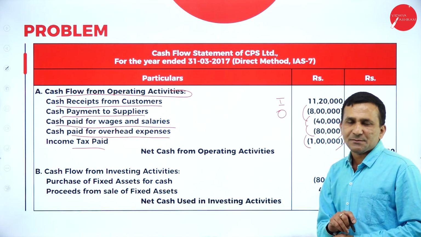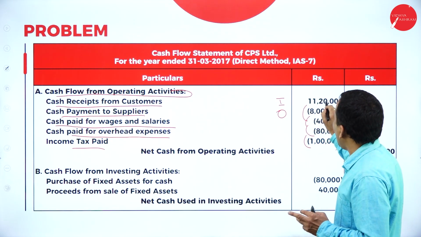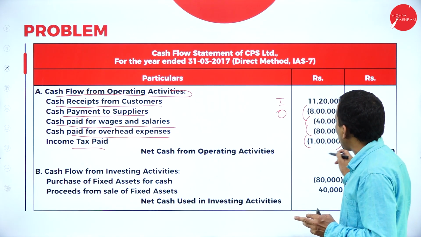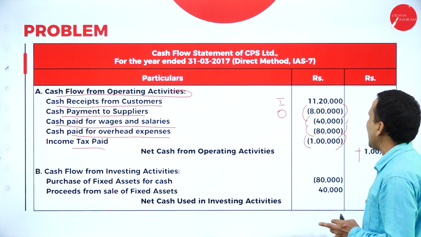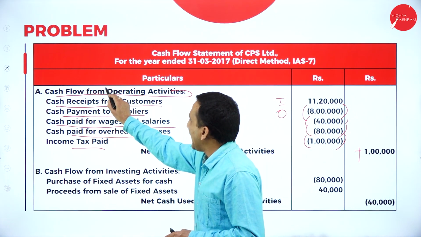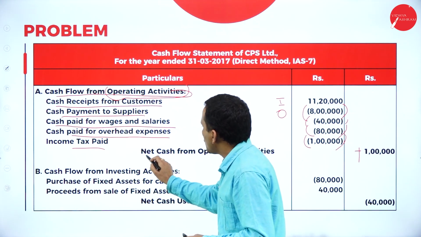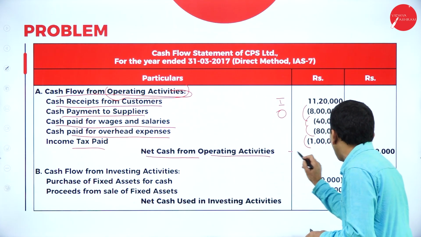Brackets specify minus, so the minus sign is more. From the 11,20,000, if you subtract all this minus category, you get plus 1 lakh, which we call net cash from operating activity.